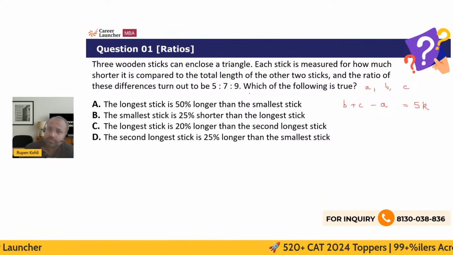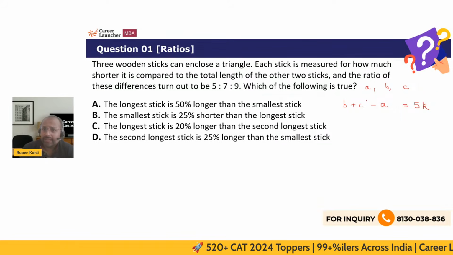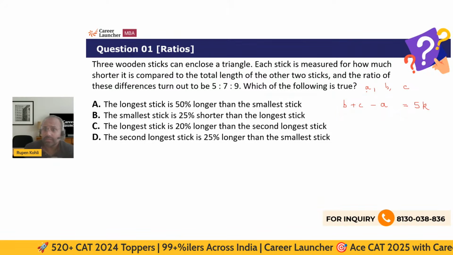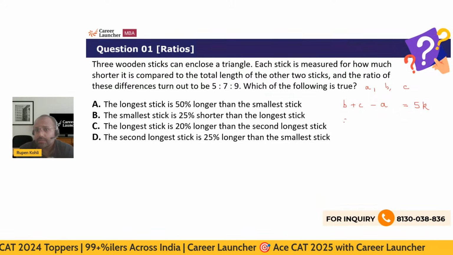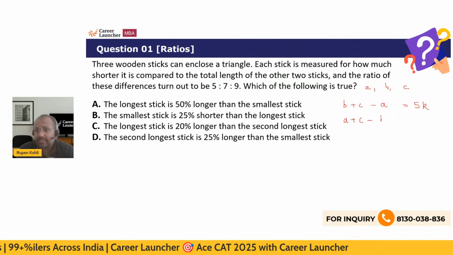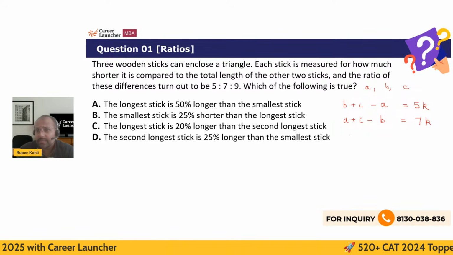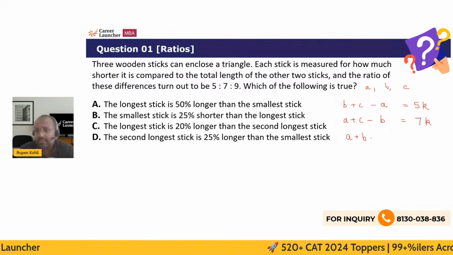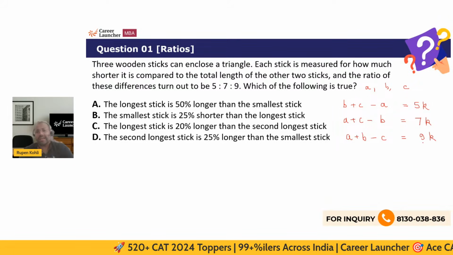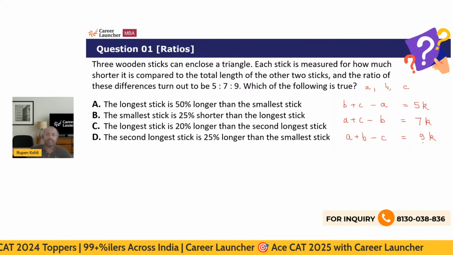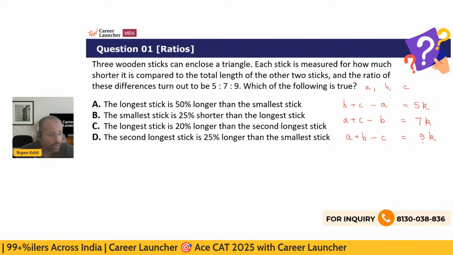For the side B, the excess of the other two sides becomes A plus C minus B, and that is 7K. Likewise for the side C, A plus B minus C is 9K. The idea is to get the ratio of A to B to C, the lengths of the three sticks, and then compare which option matches.